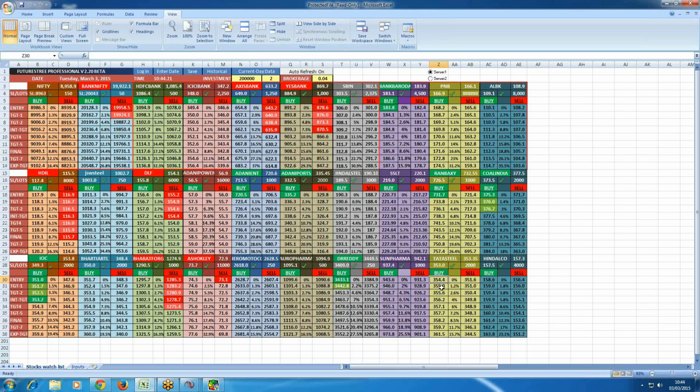Tata Steel we had a buy call. It made its intermediate target. Hindalco we did not have a call. So these are the calls we had.